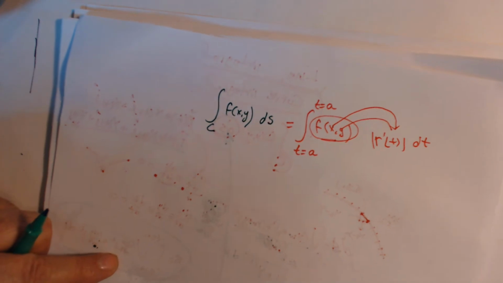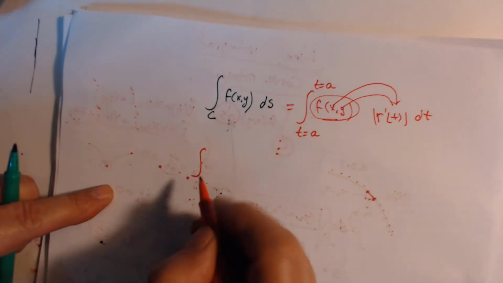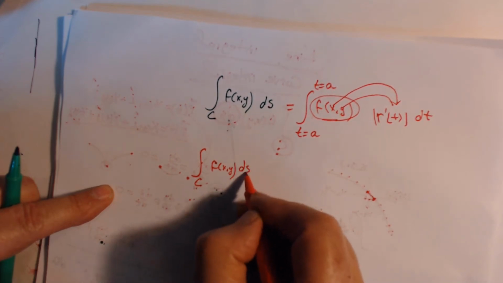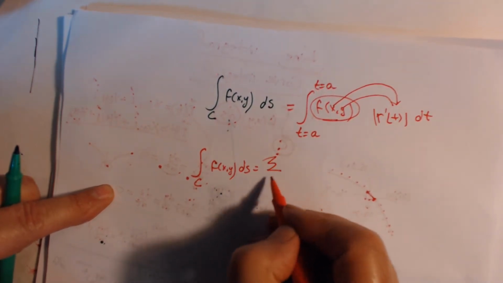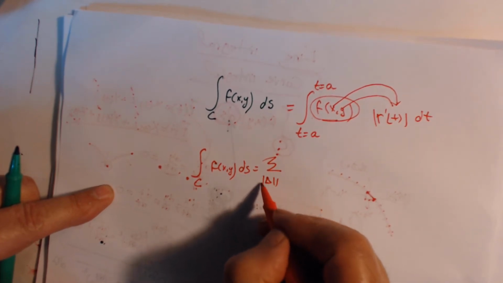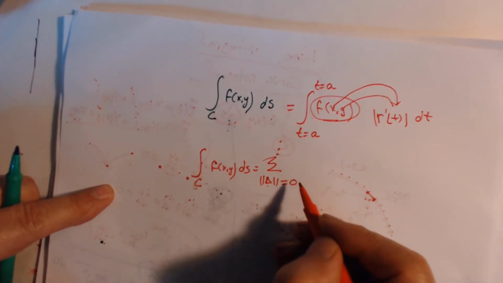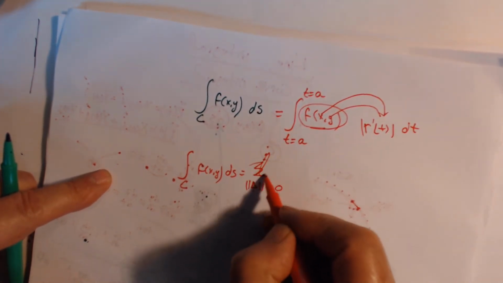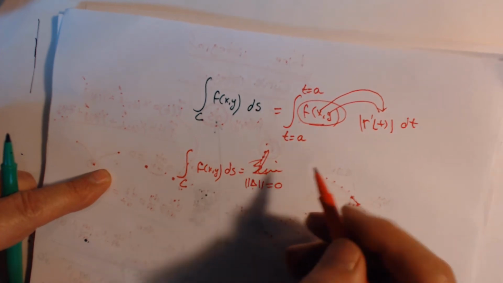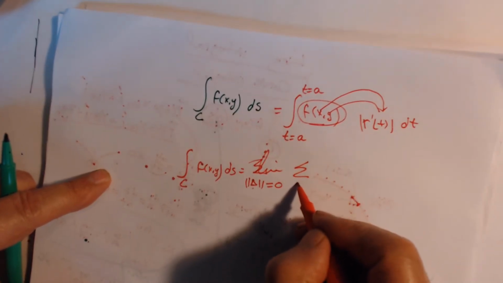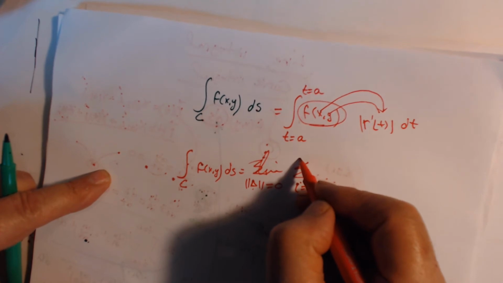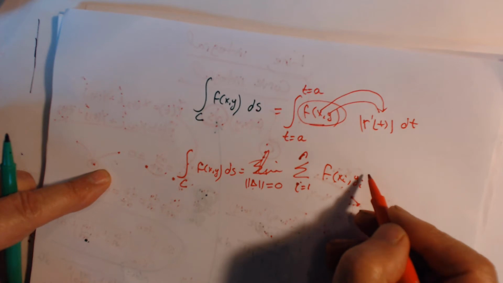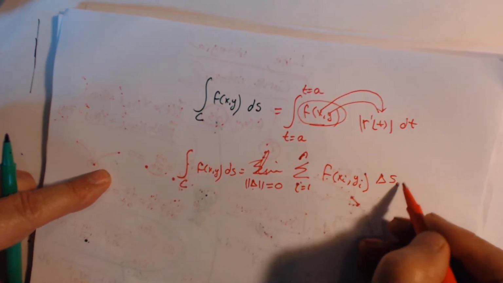Therefore, from today you have to know that if you do have a line integral of f of x, y, ds, that's equal to the limit, as the norm of the partition approaches 0, of the sum from i equal to 1 to n of f of x_i, y_i times delta s_i.